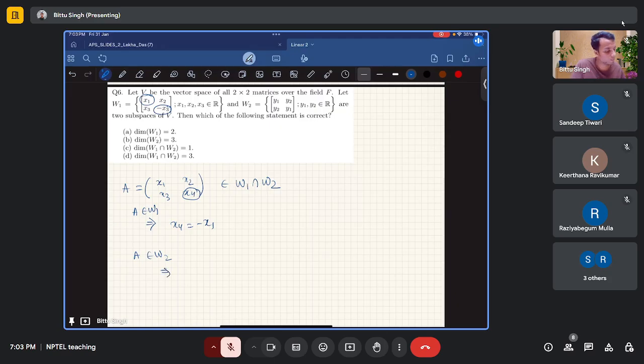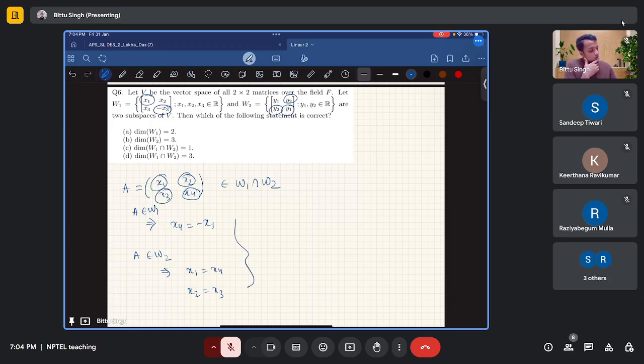What will be the implication? Here you can see that the first entry and fourth entry are equal. So it will imply x1 equal to x4, and also the second and third entries are equal. x2, x3 are equal. Therefore, x2 equal to x3.